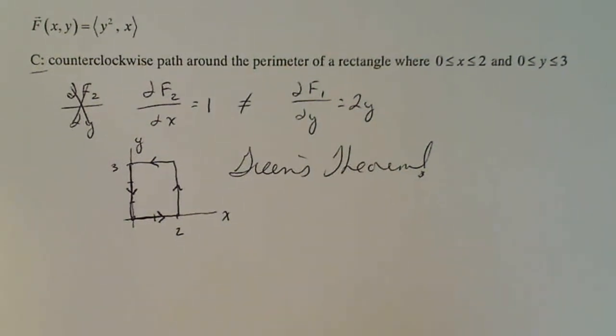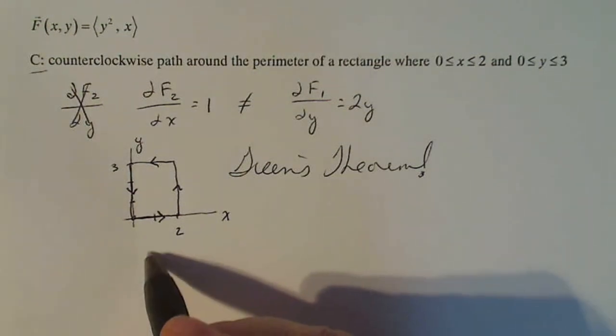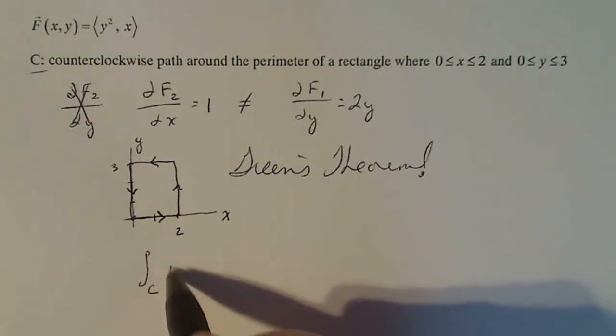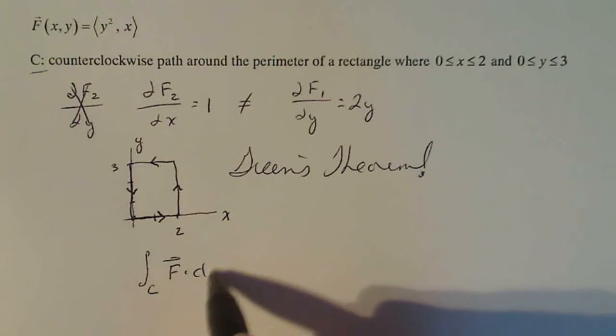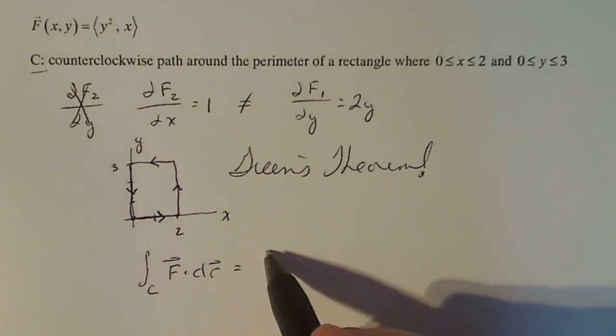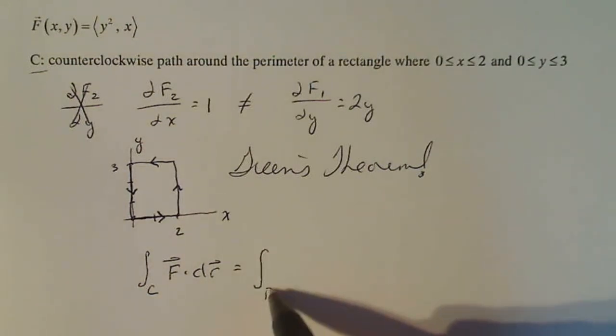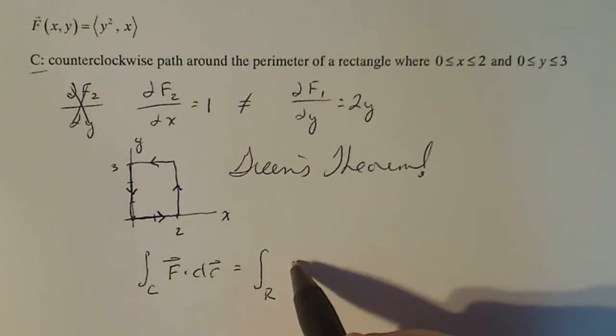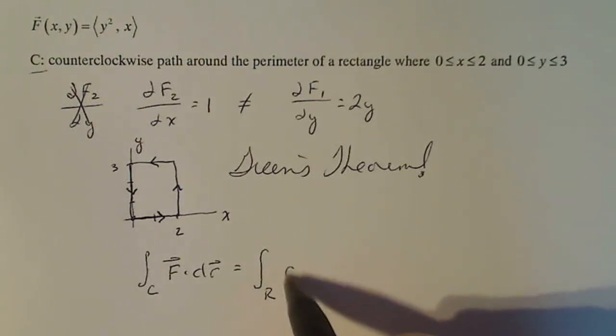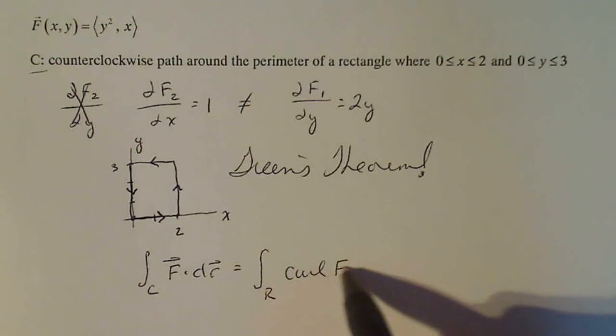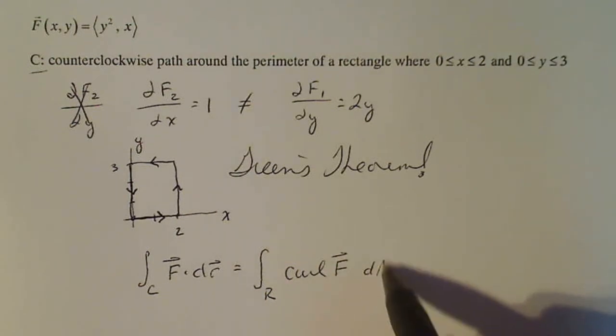So what does Green's theorem say? How do we calculate a line integral with Green's theorem? If I want to calculate the line integral over C of f dot dr, that's equal to the double integral over the region R of the curl of f dA.